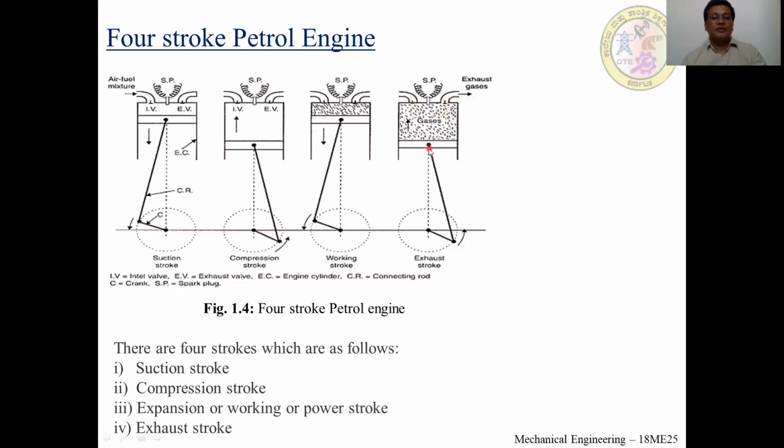So when the piston moves from BDC to TDC, the exhaust gases after the combustion will move to the atmosphere through the exhaust valve. So this is about the exhaust stroke, and this is about the 4-stroke petrol engine.